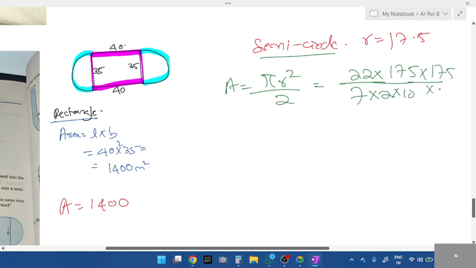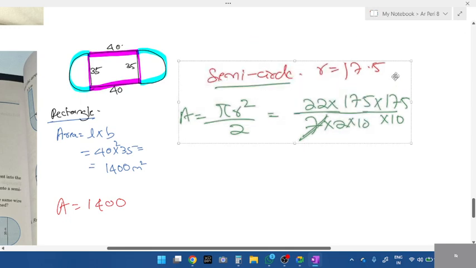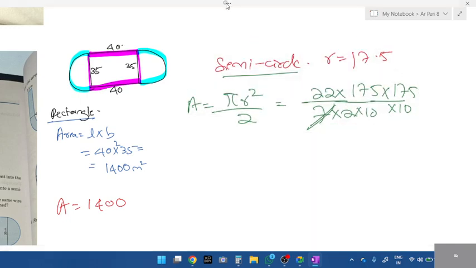175 into 10. How many times 7 goes? Look, I'm explaining the calculation. Saima, can you respond? How many times 7 goes in 175? 7 twos are 14.